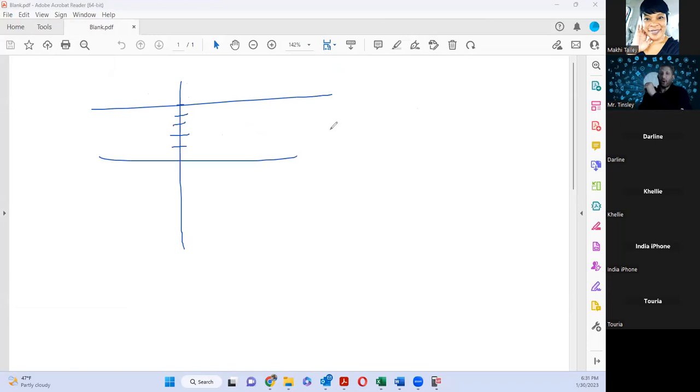What is the slope of a horizontal line? 0. A lot of people have been missing this question. The slope of a horizontal line is 0.